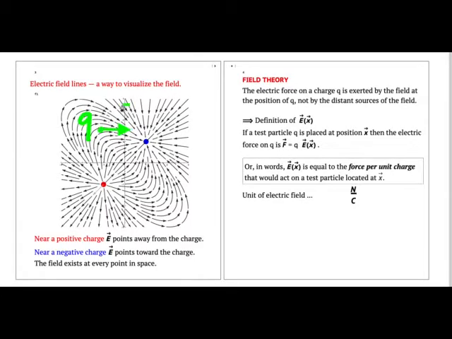And that force is equal to the charge of the test particle, the charge of the probe, times the electric field at that point where I put the probe. E at x.